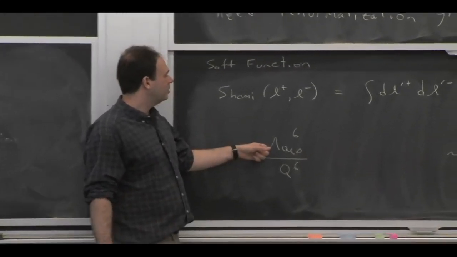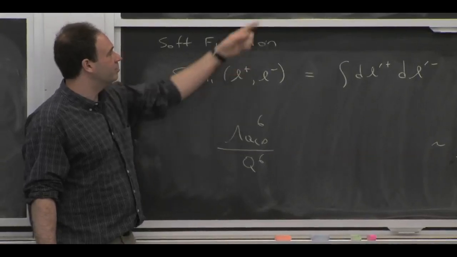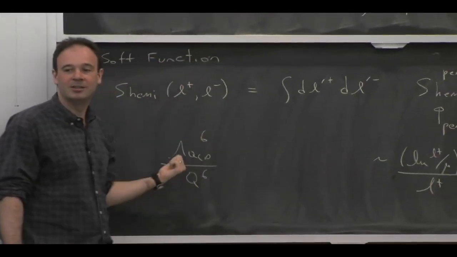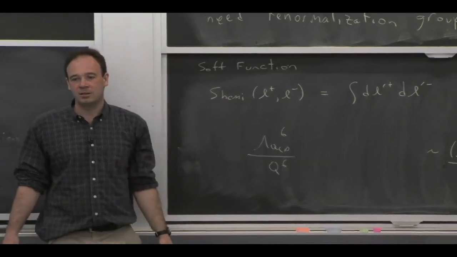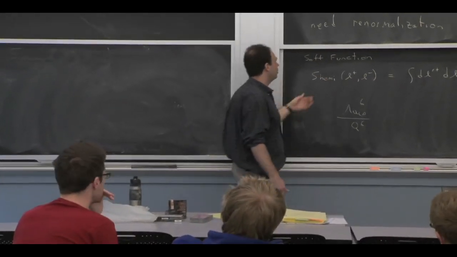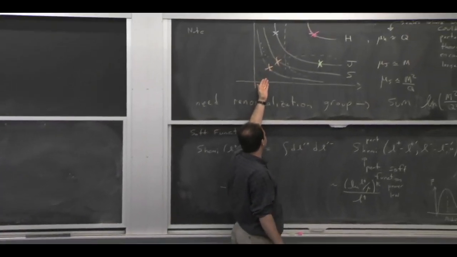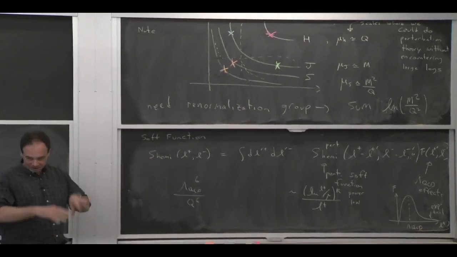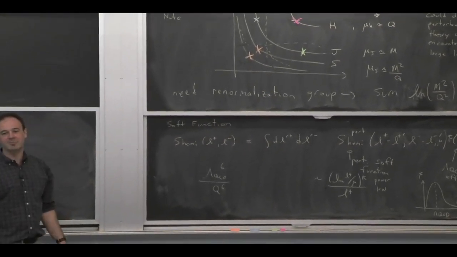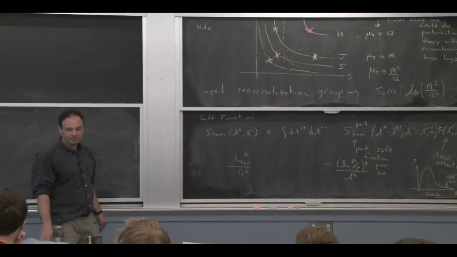And the lambda QCD to the sixth is just going to be some matrix element of this mode that has that dimension. That's how it's going to work. So in some sense, you could say, well, what if I put a mode down there? And I would just say, well, that mode's inside this mode. You don't have to write down something different for that. It's all encoded in the Lagrangian for that mode. That mode has all the non-perturbative physics.